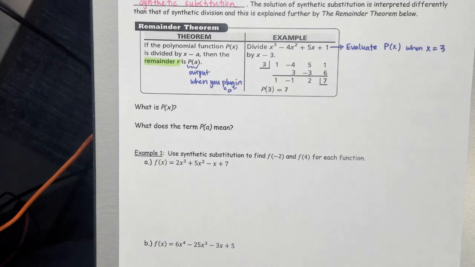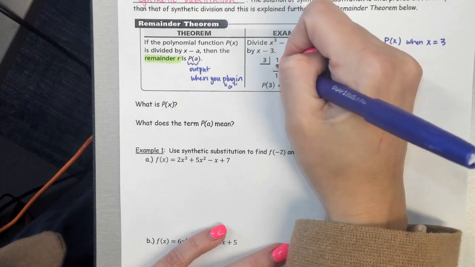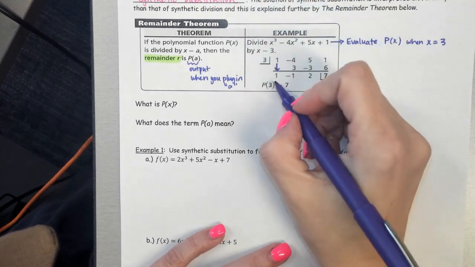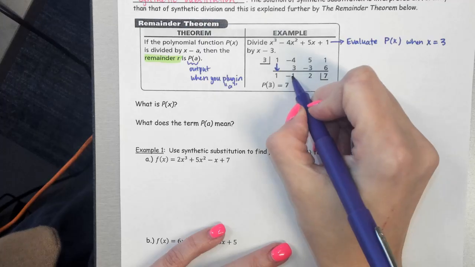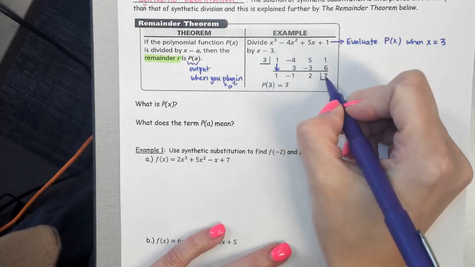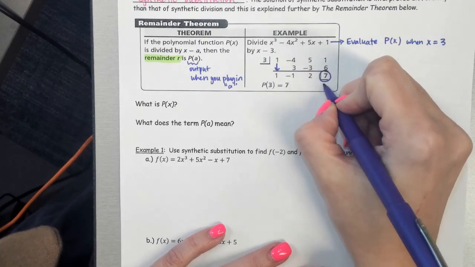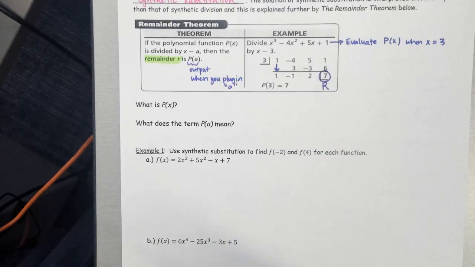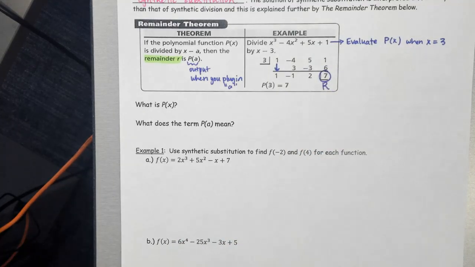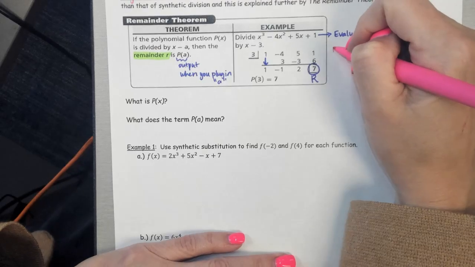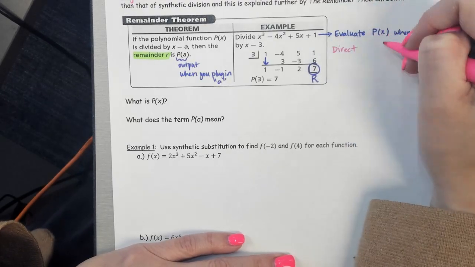X minus 3 equals 0, you add 3 to both sides. So if you did synthetic division, they just put the 3 here, you drop the 1, times 3, okay, you go through the synthetic division process, and this is your remainder. Your remainder is 7. Okay, we're going to see what happens when you do the direct substitution.